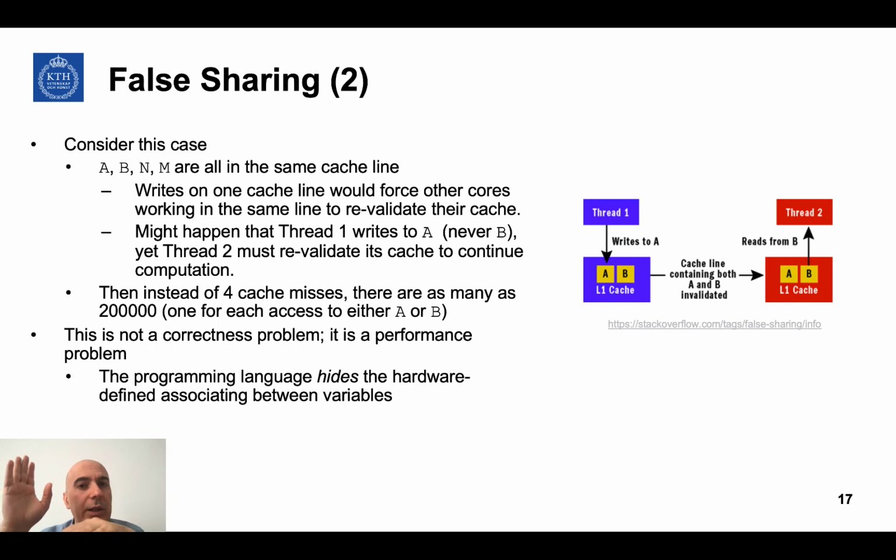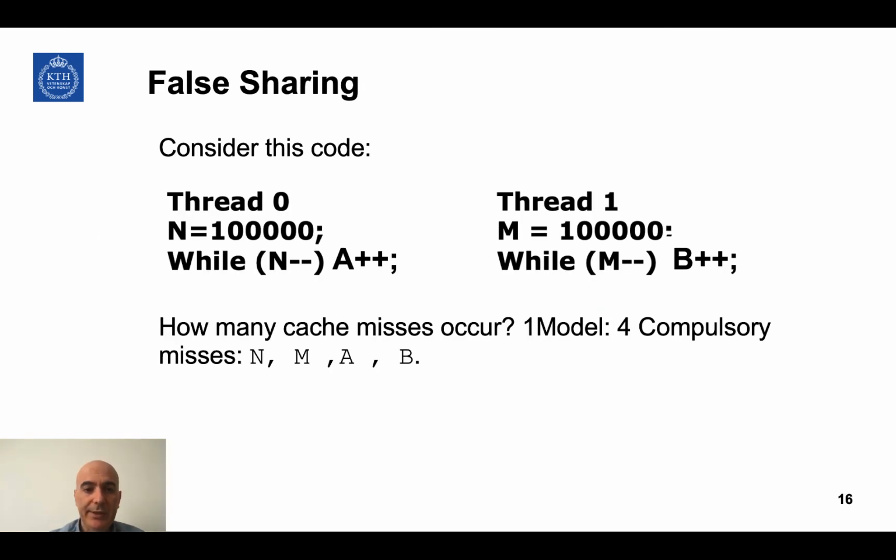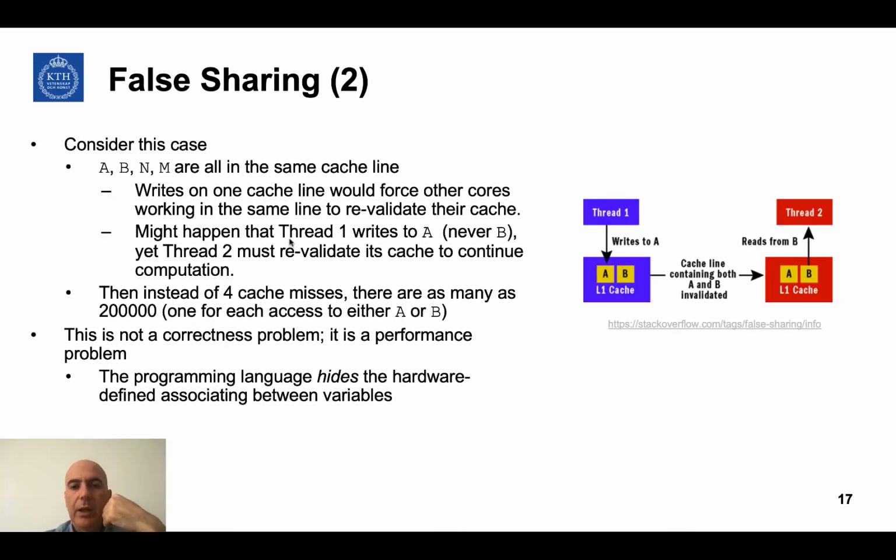So the cache line will be evicted and then updated. A simple example: thread 0 is writing to A, but thread 1 must revalidate the cache line, because the cache line has been updated in A, even though thread 0 is not updating B. This is due to a cache protocol that requires revalidation of the cache if a value within the cache line has been updated.